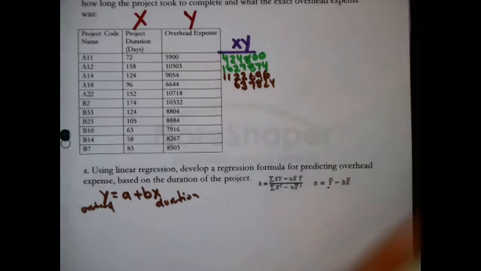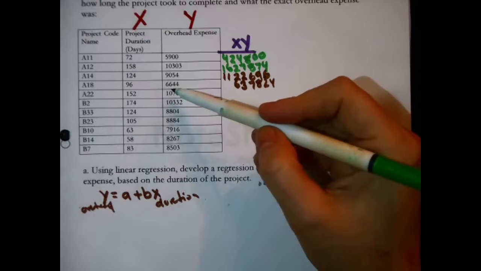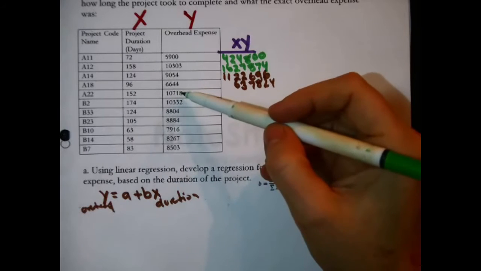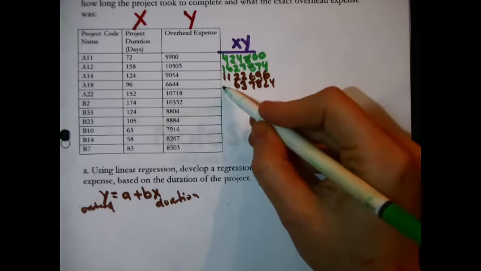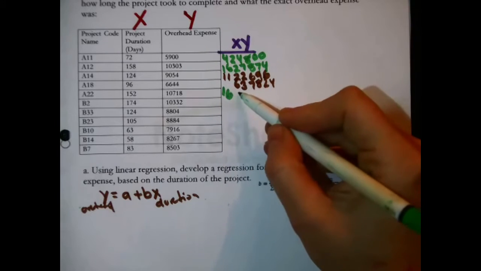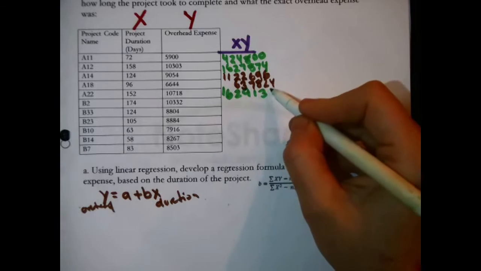For the next project, 152 times 10,718. The number I got was 1,629,136.